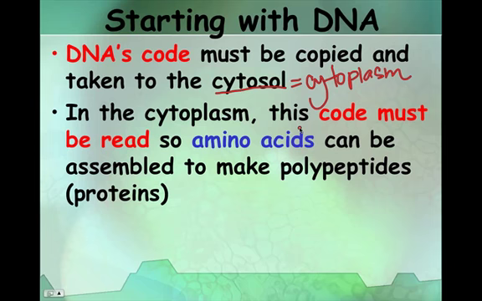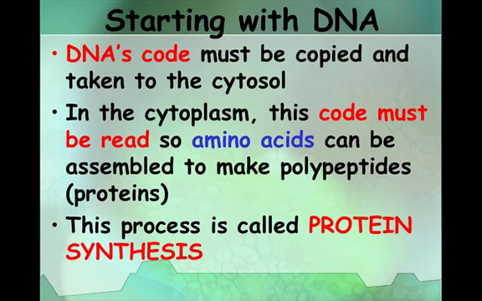In the cytoplasm, this code must be read so amino acids can be assembled to make polypeptides, otherwise known as proteins. This entire process, from beginning to end, is called protein synthesis. So the entire information that you're going to be learning in Chapter 12 is going to talk about protein synthesis from beginning to end.